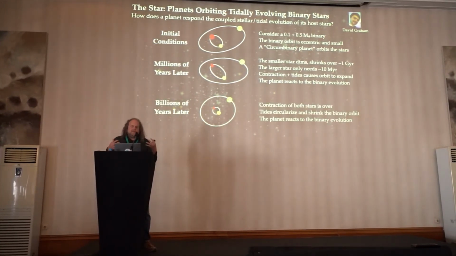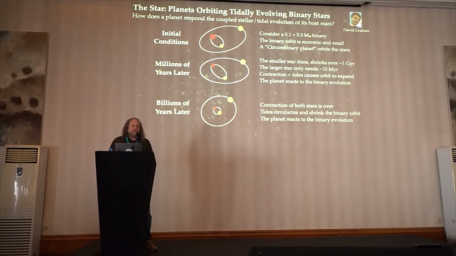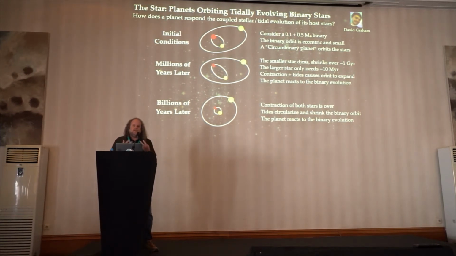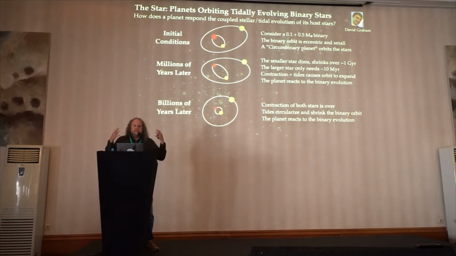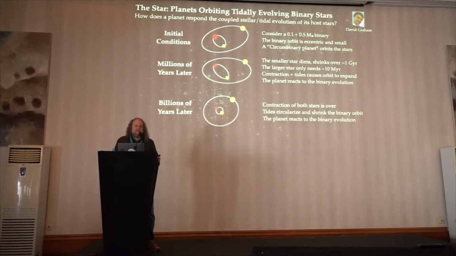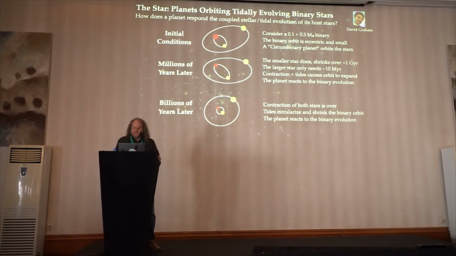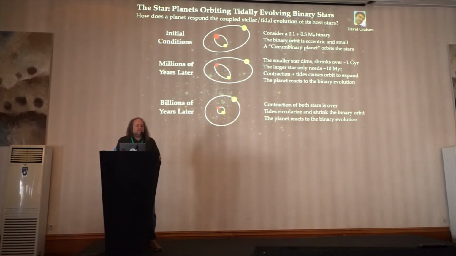But then once the stars reach the main sequence and their rotation rates synchronize with the orbital frequency, then tidal evolution proceeds as we might normally expect it, with the orbit circularizing and the orbit of the binary star shrinking.